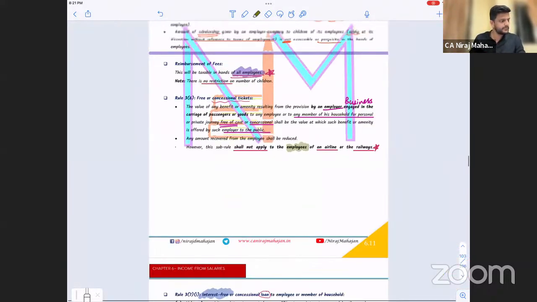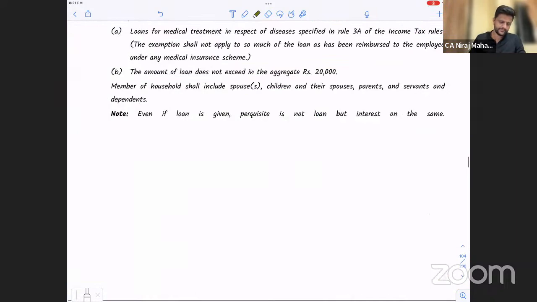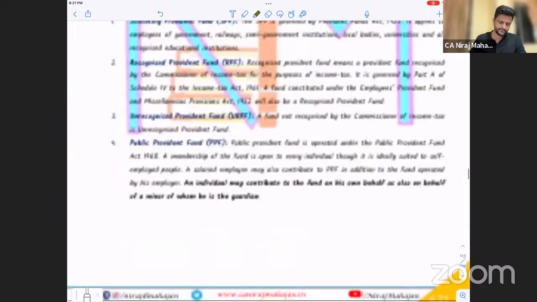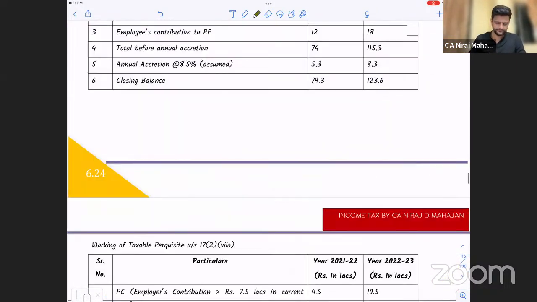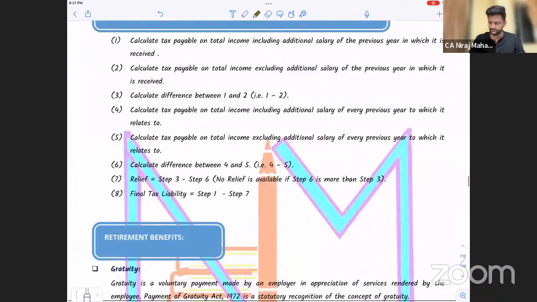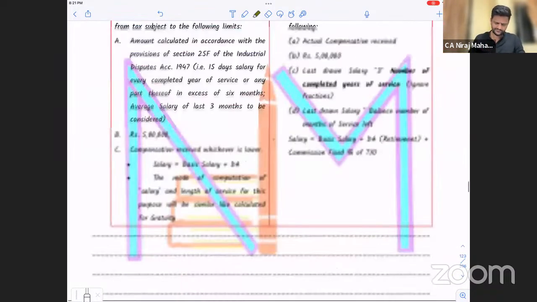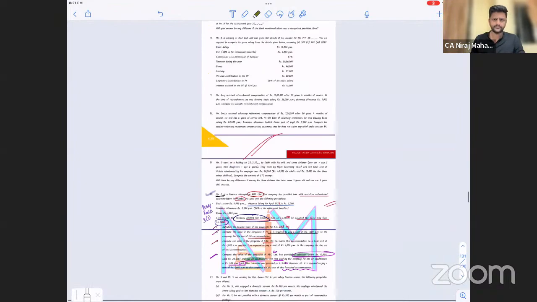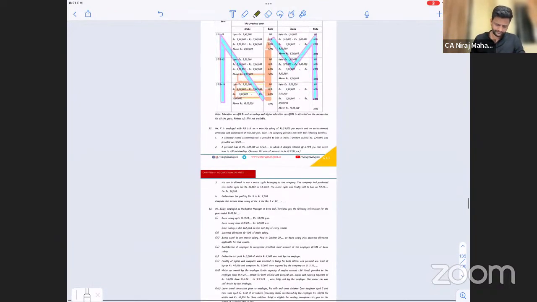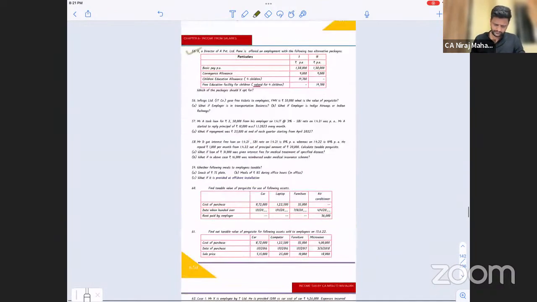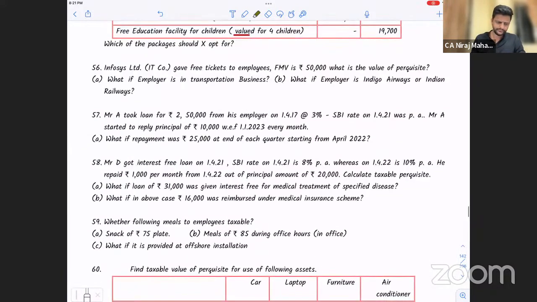Solve question number 56. That is rule 36.